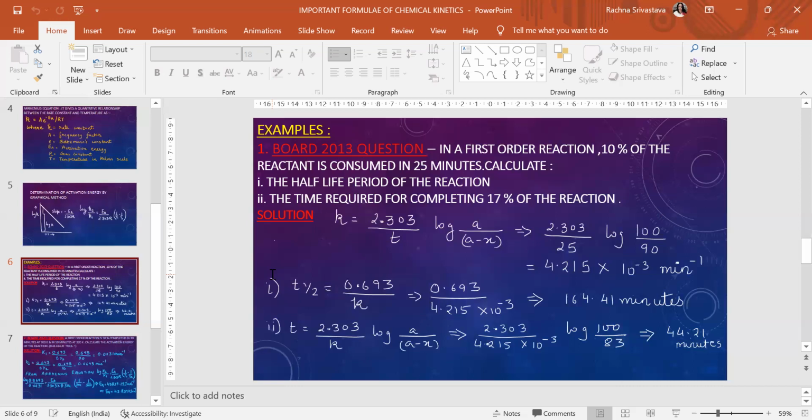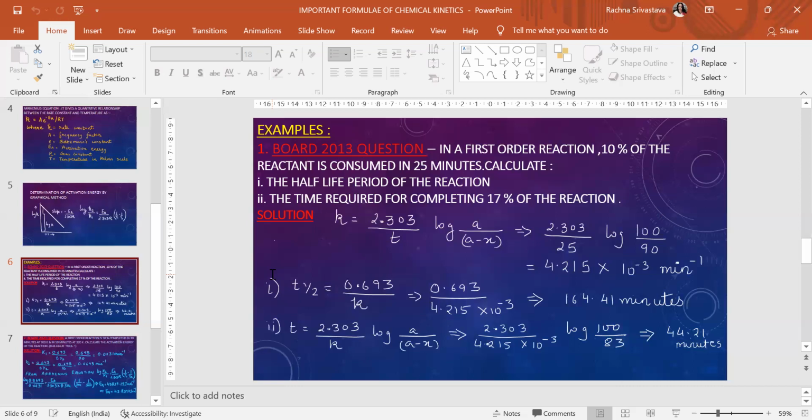So when we input the values, your value of K is coming as 4.215 into 10 to the power minus 3 per minute. You will substitute this value for calculating T half. So your T half will be 164.41 minutes. The second part says the time required for completing 17% of the reaction.